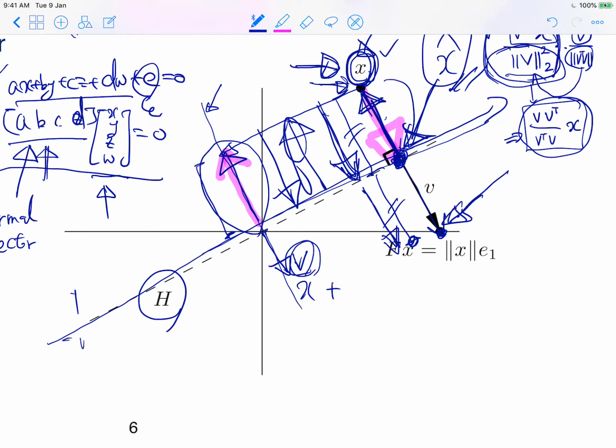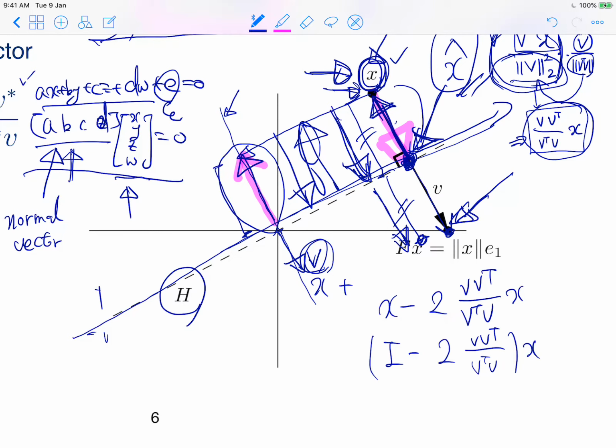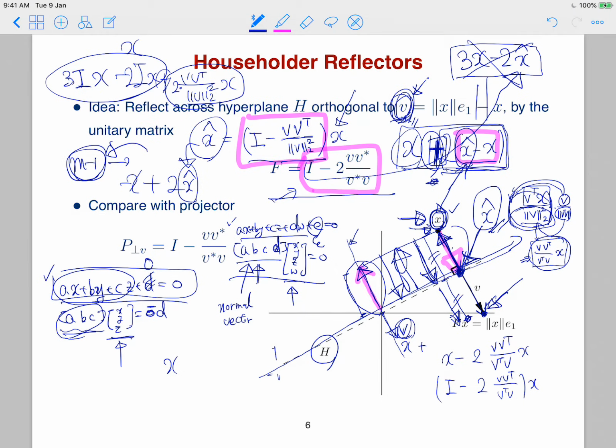So in this case, x minus 2 times v over v transpose v times v transpose x. If we factor it out, it becomes I minus 2 times v v transpose over v transpose v, times x. So this is another simpler way to obtain this reflection matrix.